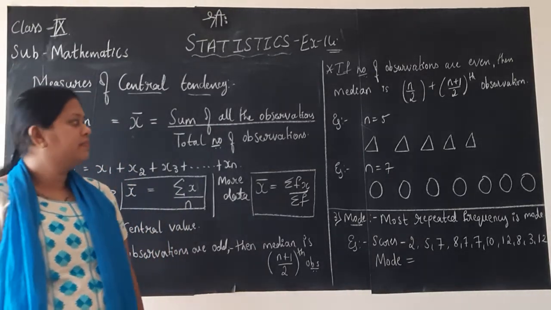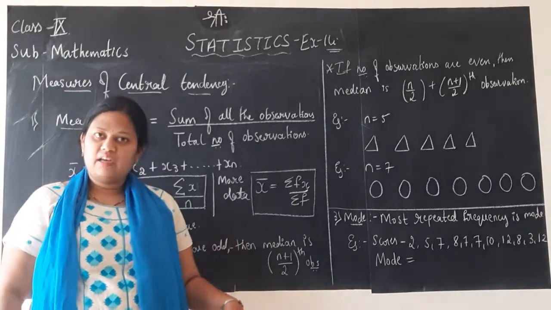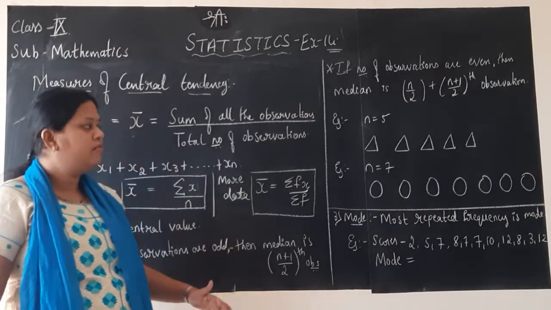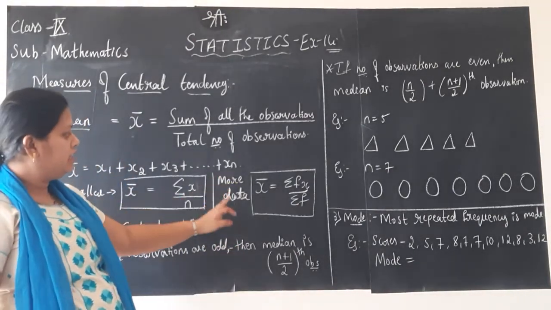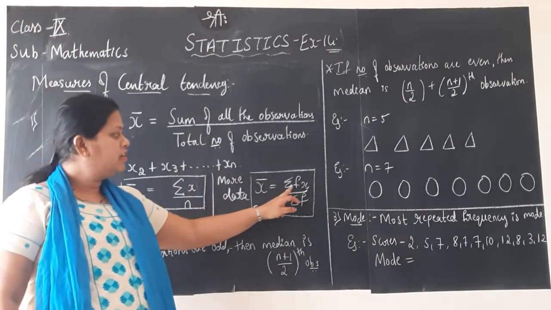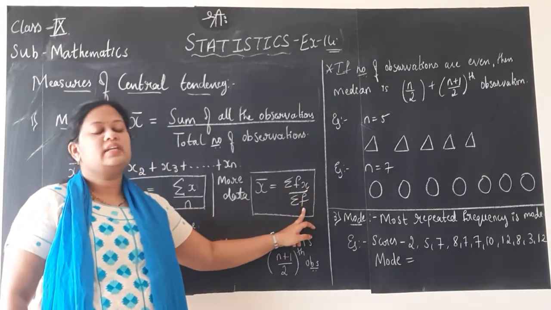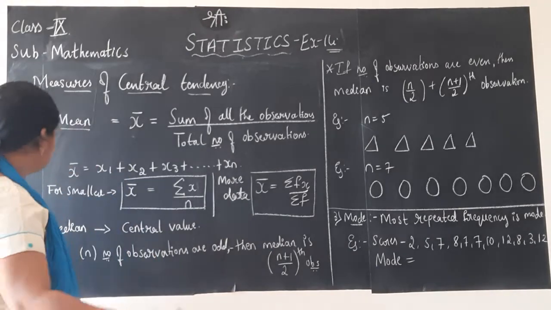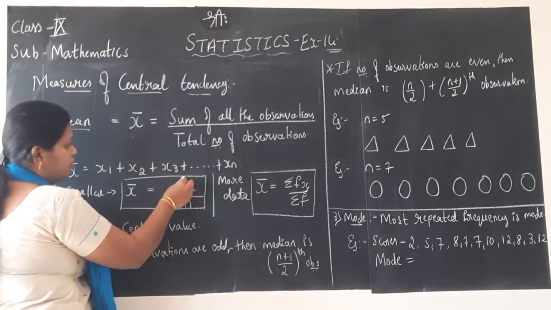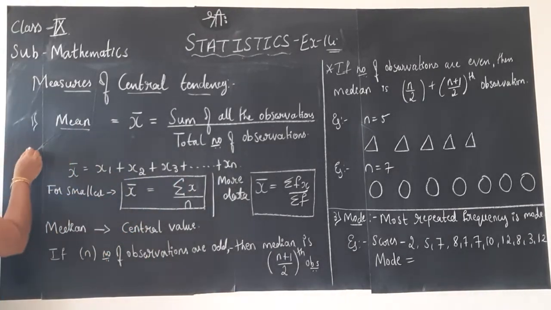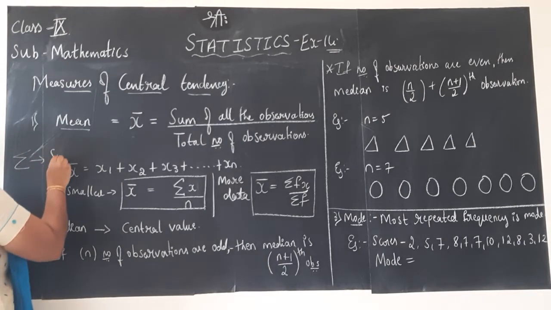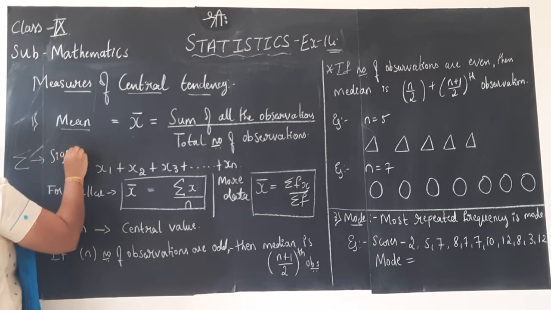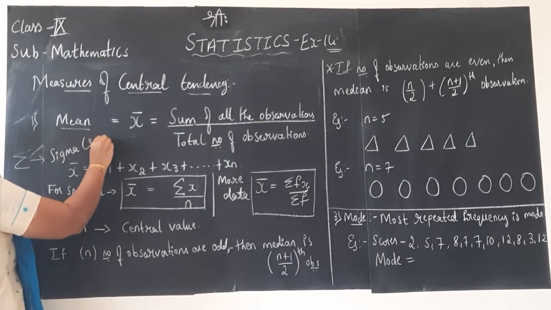In that case, for ungrouped data, how do you find the mean? When the data is more, x bar will be sigma fx by sigma f. Before that, this symbol is sigma. Sigma means sum, S-U-M, sum.